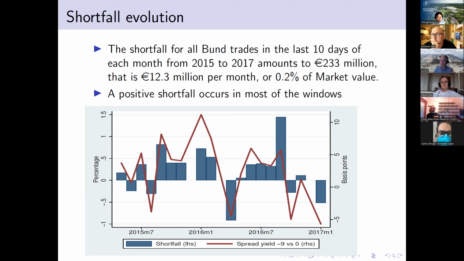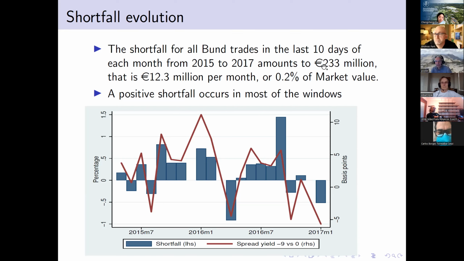And this 233 million is not a loss. It's a theoretical computation, assuming that you could have done all your purchases at one particular day, one particular price on average. And of course, it's not reasonable to think that they could have purchased 127 billion on one day. I mean, it's not quite that, but that they could not have done their 13 billion per month on one day. So you have to put this into perspective.